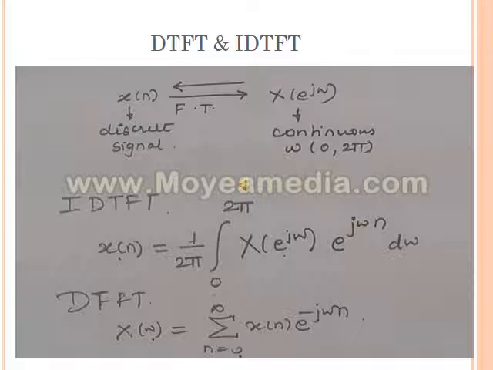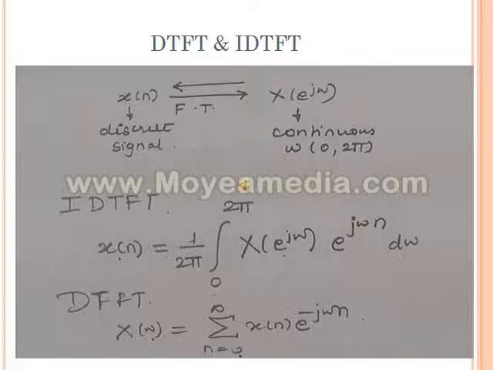Coming to the inverse discrete time Fourier transform, it is given by x[n] equal to 1 by 2 pi, because we can recover the signal x[n] back from X of e raised to the power j omega by using this expression.